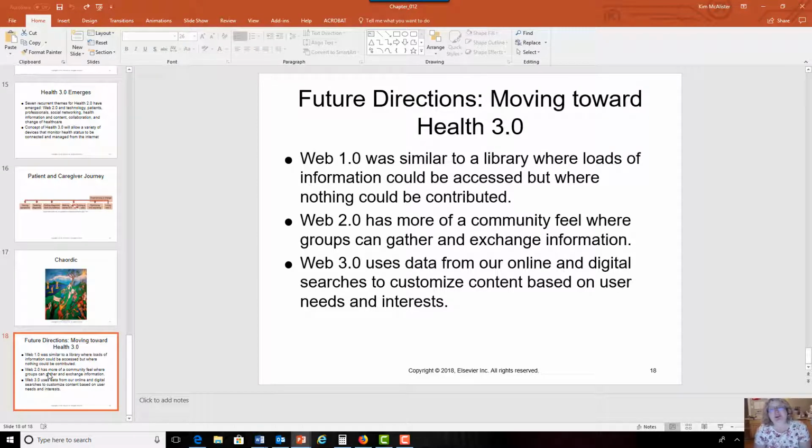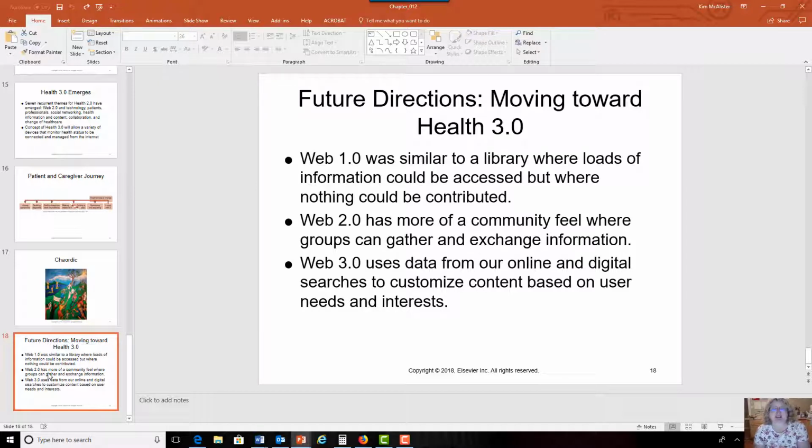Web 2.0 brought us things like wikis where we can get on and add information and contribute information as well as obtain it. And then 3.0 is going to, and you've probably already seen some of this if you've been on certain online sites like Amazon where you've bought certain things and it'll say, because you have an interest in this, you might like that.